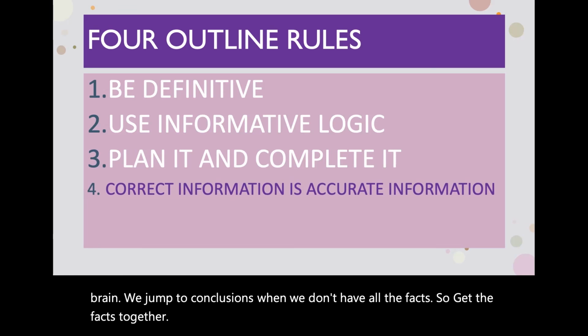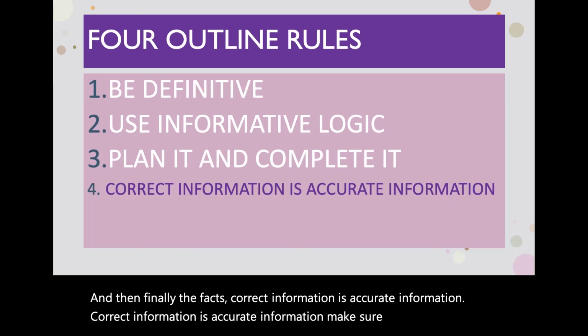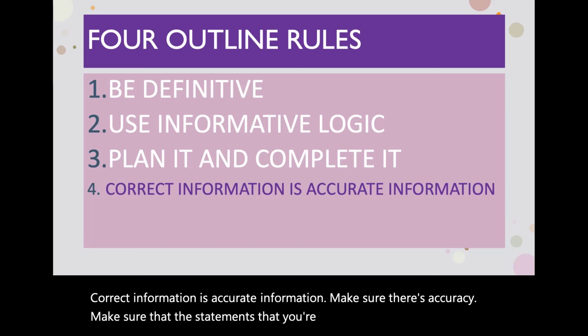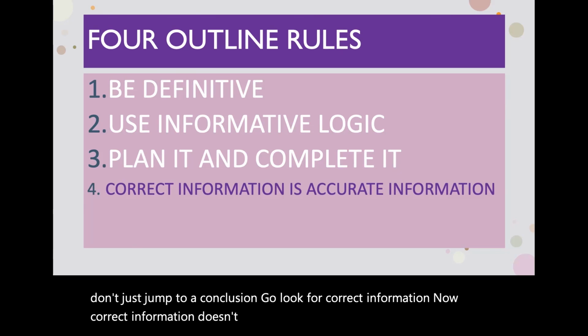And then finally, the facts. Correct information is accurate information. Make sure there's accuracy. Make sure that the statements that you're making, you can verify them. Don't just jump to a conclusion. Go look for correct information. Now, correct information doesn't mean it supports everything that you are writing about.